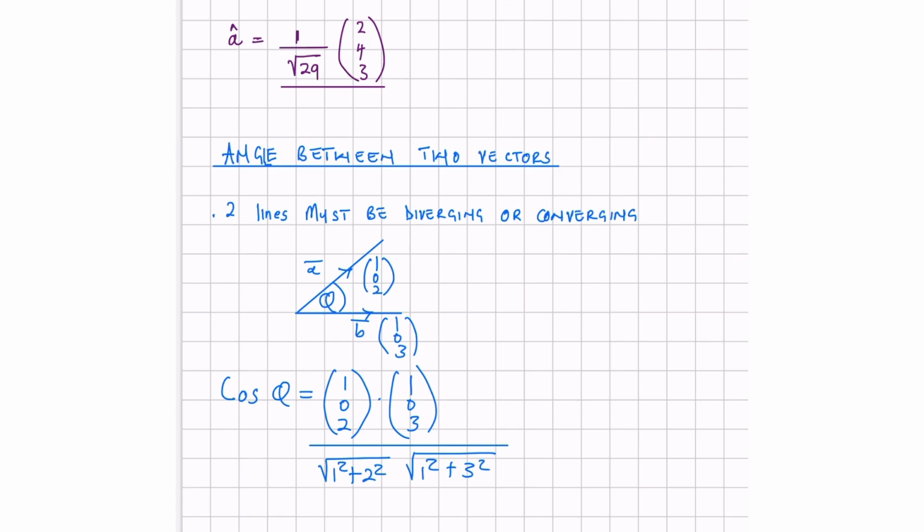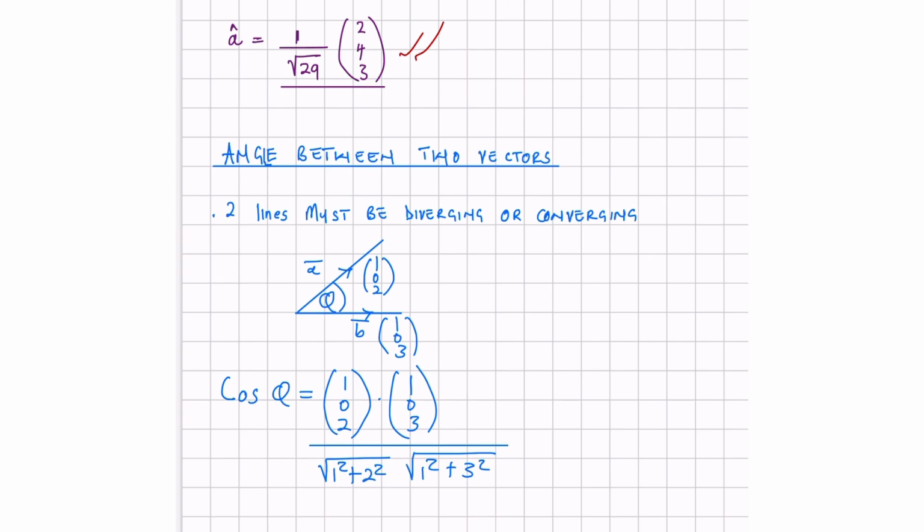Then we are also having a concept where we are looking at the angle between two vectors. Now, if we're given two vectors, A and B, and the angle theta between them, the formula that we use to find that is cos of theta equals the dot product of your two vectors, the first vector and the second vector.